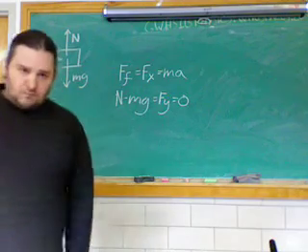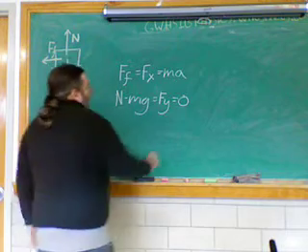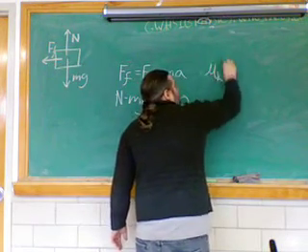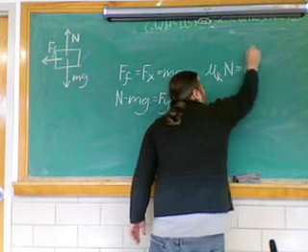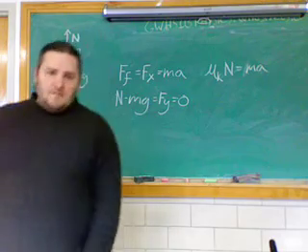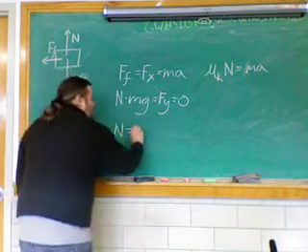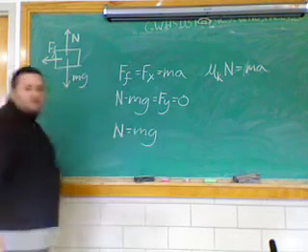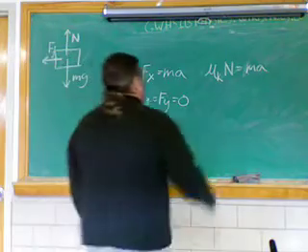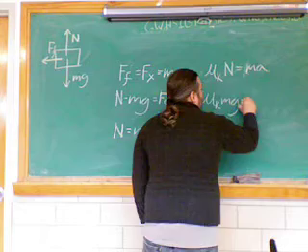Now plugging in what I have, I know that the force of friction is equal to the coefficient times the normal, and I can use this to say that the normal is equal to the weight. So doing a substitution, I end up with mu k times mg equals ma.